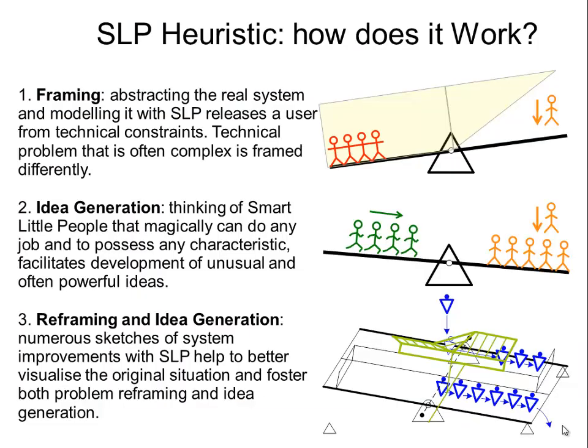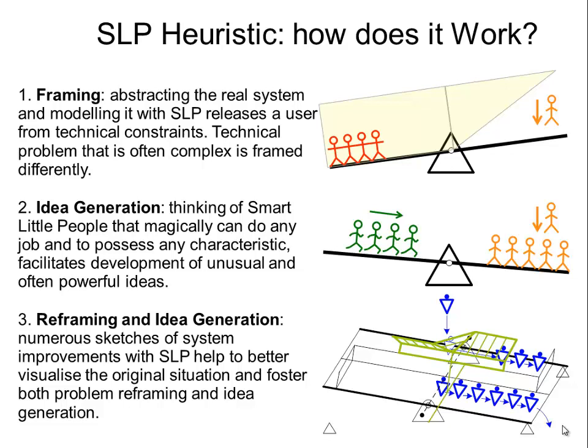Hopefully you've liked the working prototype and may ask, why does the method of smart little people work? Why does it help in generating ideas? Well, there are three main reasons. Firstly, modeling the system under improvement with smart little people removes the feel of technicality and helps in framing the situation more accurately.